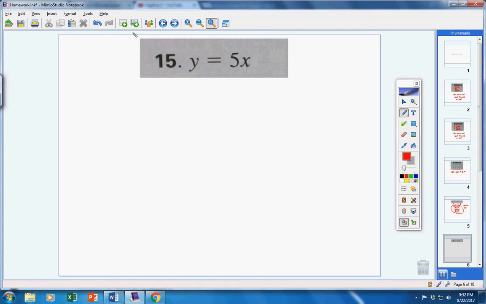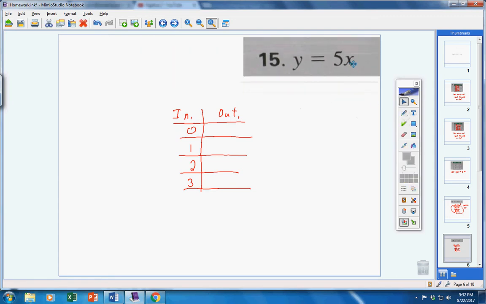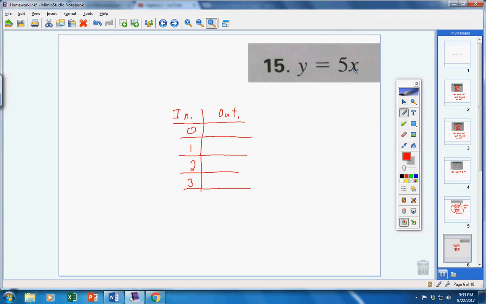Let's try number 15. Alright. Okay, here we go. My function is... So where the x is, I'm going to substitute 0, so y equals 5 times 0, which is 0. Next, I'm going to substitute 1 in for x, so y equals 5 times 1, which is 5. So my output is 5.